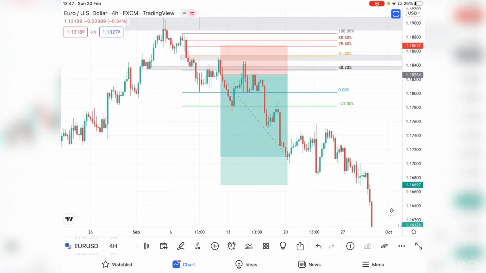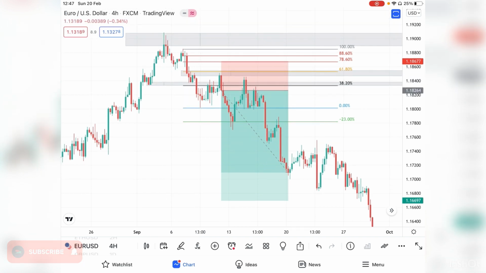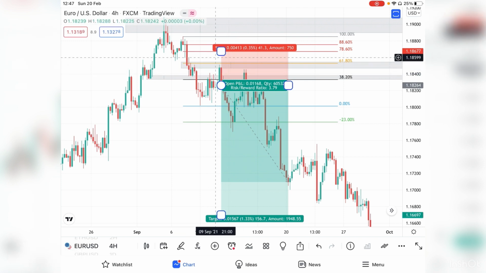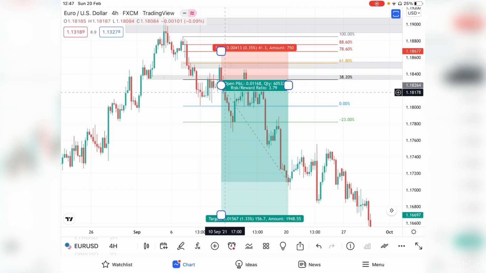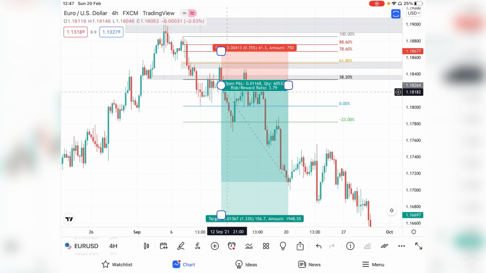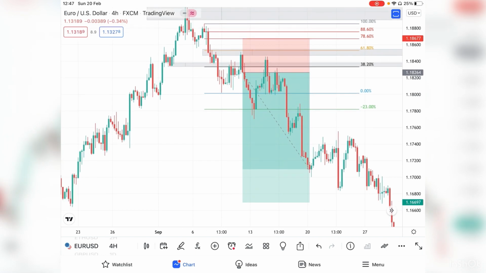So price was clearly in a downtrend after the previous bullish structure was broken and confirmed, because price then broke, retested, and flushed even further down, confirming that we are now in a downtrend. So this is pretty much how you can trade using market structure.